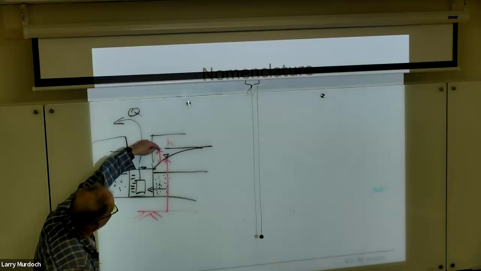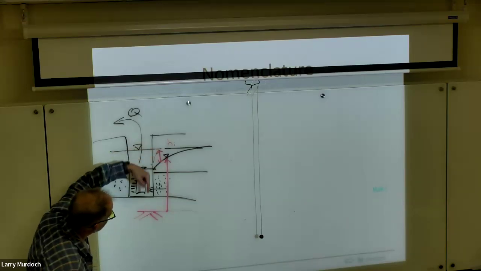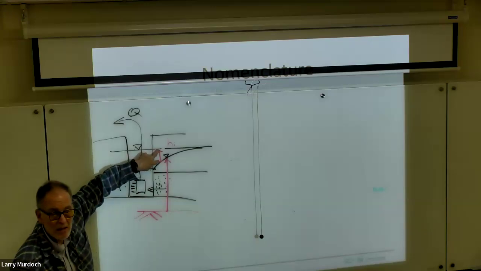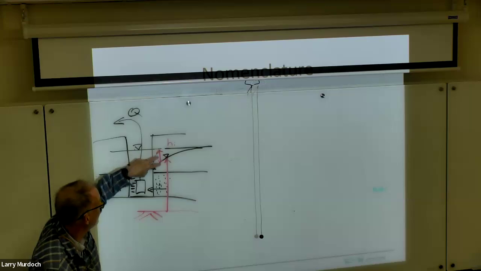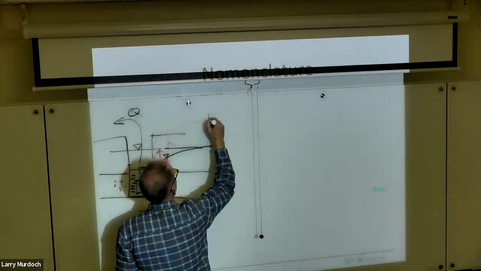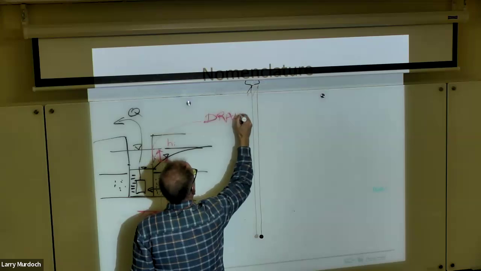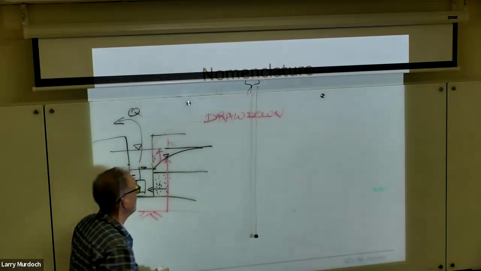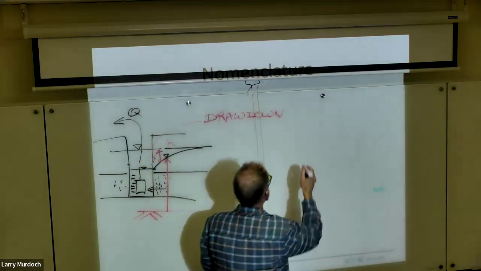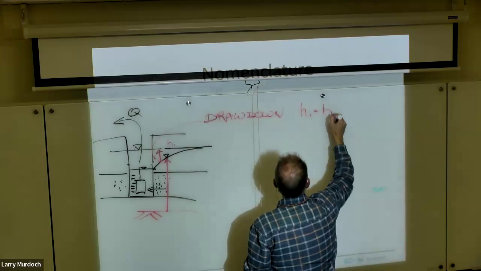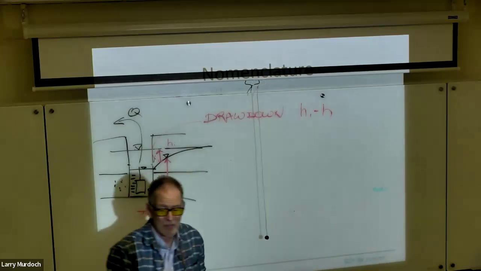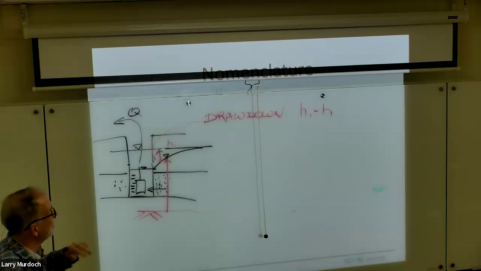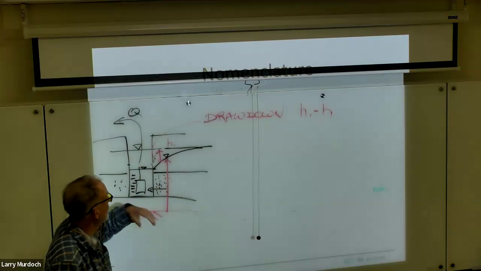So the hydraulic head is decreasing, but this is increasing. Okay, because as the head drops, this is increasing. So this we'll call the drawdown. And it's going to be HI minus H. So it has units of length, same as hydraulic head, and it's going to increase as the hydraulic head decreases.